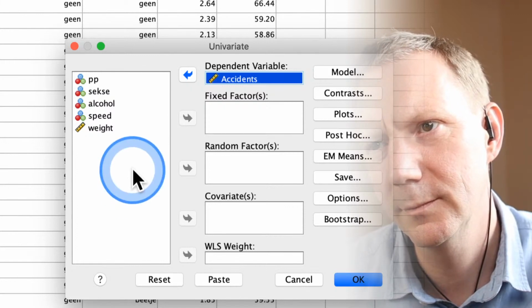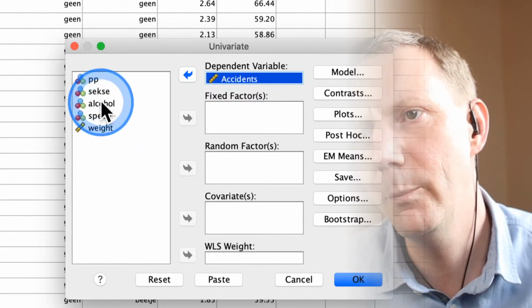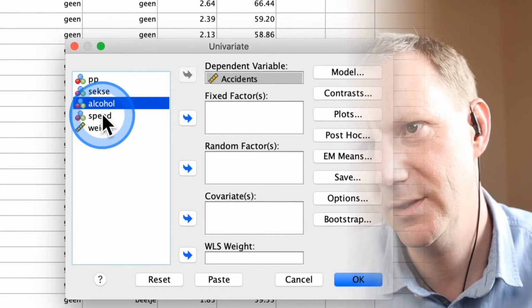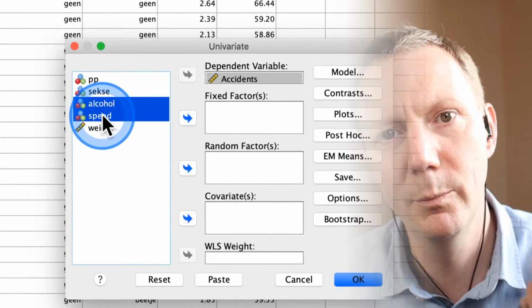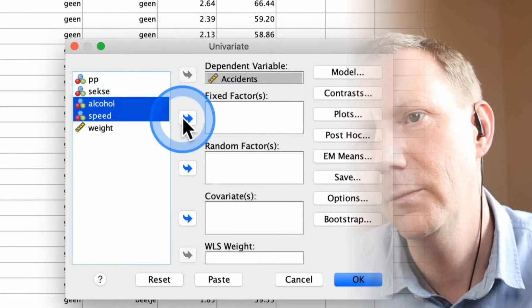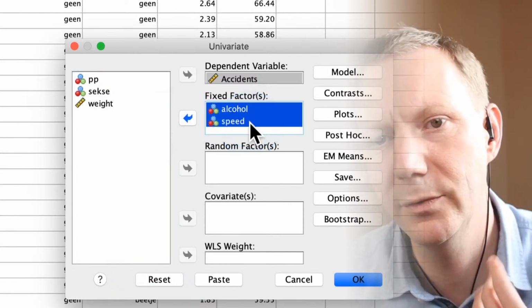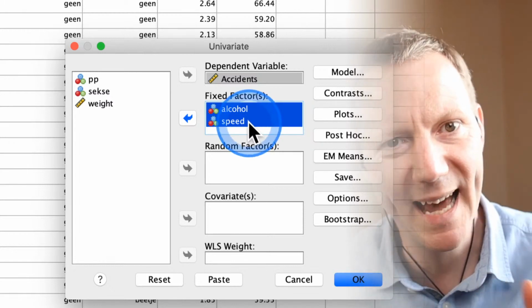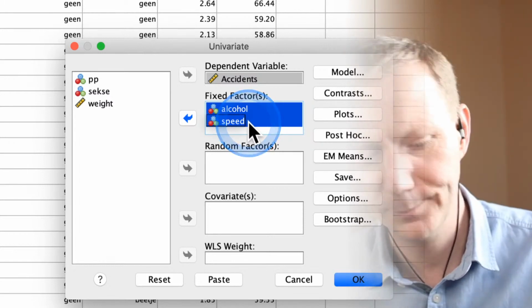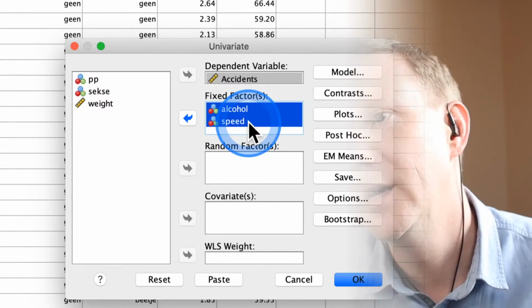Alcohol and speed go into fixed factors. Yeah, they both go into fixed factors. That's correct. Because we're looking at both these terms. We want to know the main effect for both, and when we run this full factorial model, it will automatically add the interaction term in here. So that's very good.